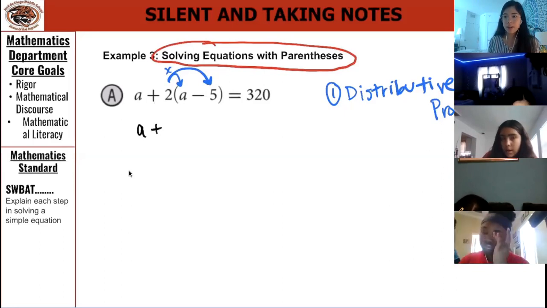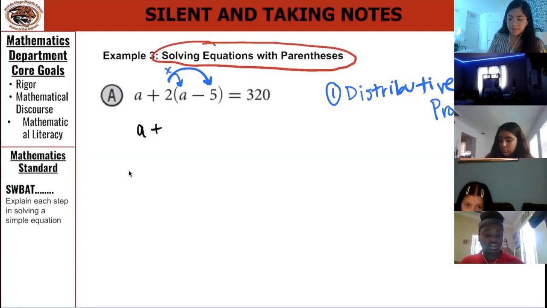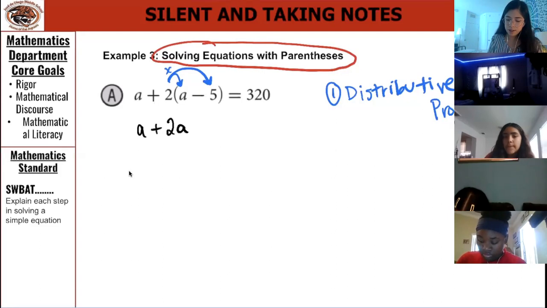2 times A is going to be, who knows? 2A? Yeah, just 2A. Now this is the very important part: I have a minus sign here. So that's going to carry over, because the minus sign, we're going to treat it kind of like a negative symbol. We're going to bring it over with the 5.